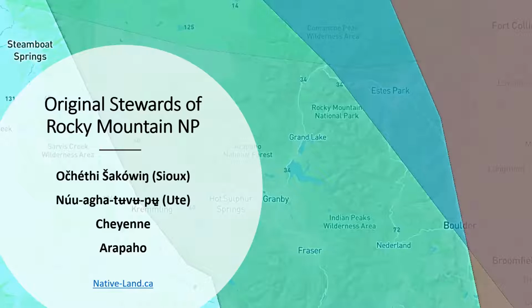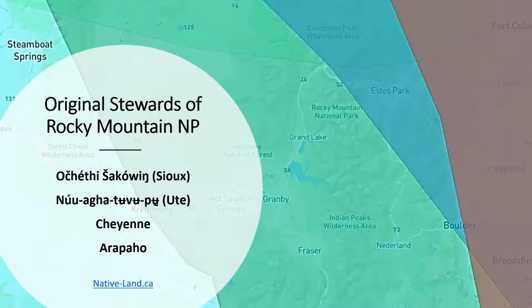And the other really nice thing about this website that you can't see in a static map is that these territories overlap. Indigenous territories weren't exclusive, right? Like the way a lot of our boundaries are drawn, where the border of Rocky Mountain National Park ends and maybe some Forest Service land begins.